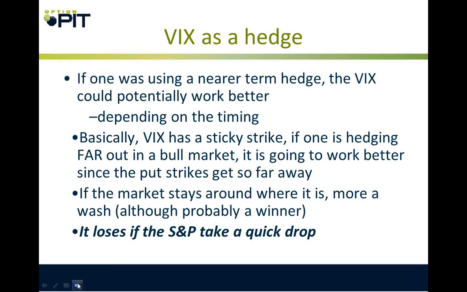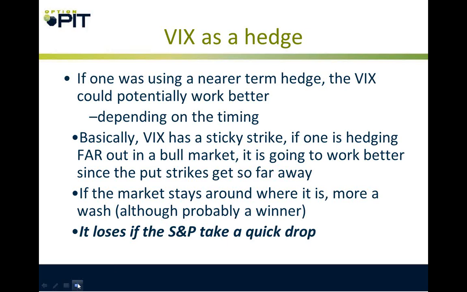So think about this. In this latest market, let's say at the beginning of the year I bought S&P 500 puts against my long stock portfolio. At one point the S&P was up 8%. I had to wait for the S&P to drop 8% for my put to really start working.